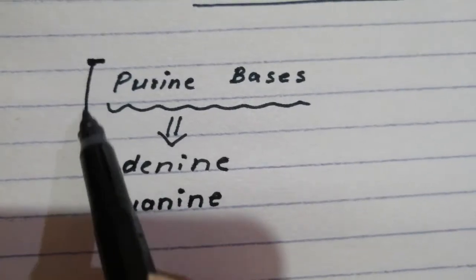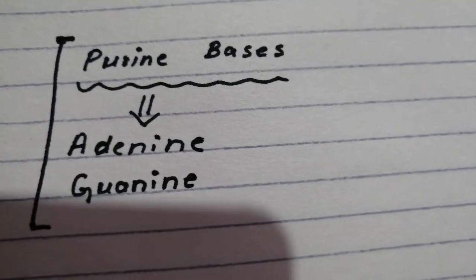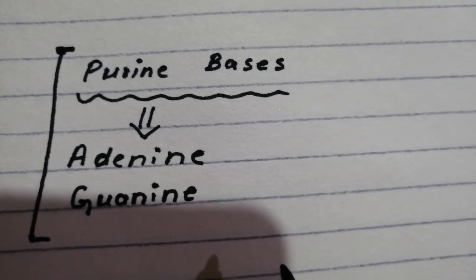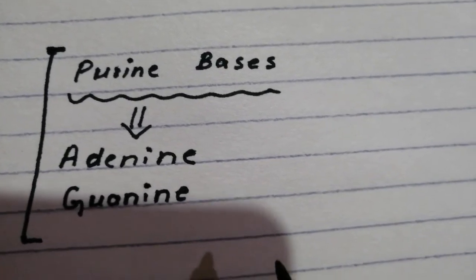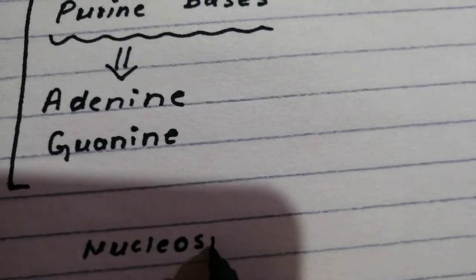Now the purine bases, whenever they combine with a sugar, a pentose sugar, they can form either ribonucleotides or deoxyribonucleotides. They can form ribonucleosides and they can form deoxyribonucleosides, right?